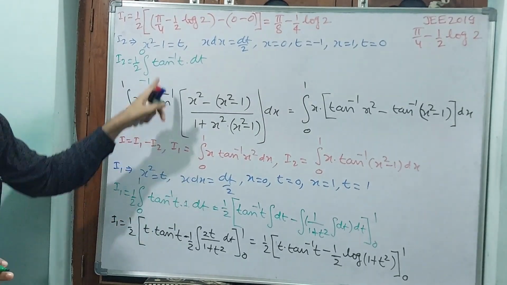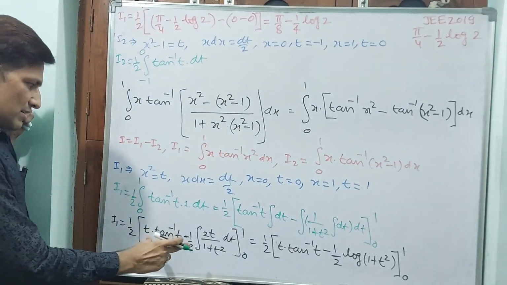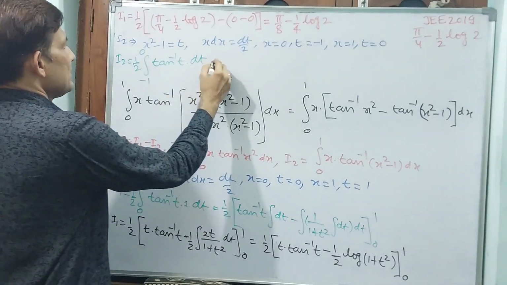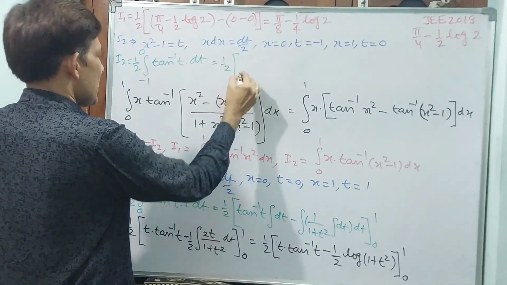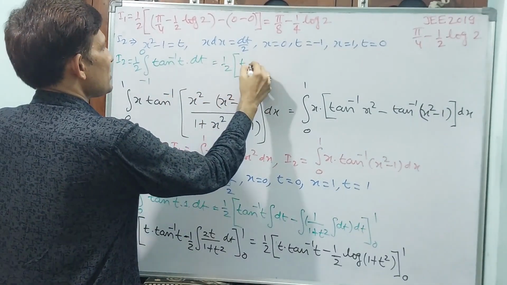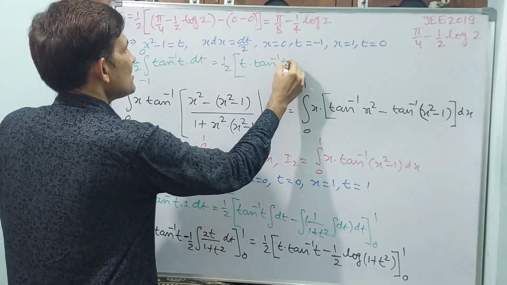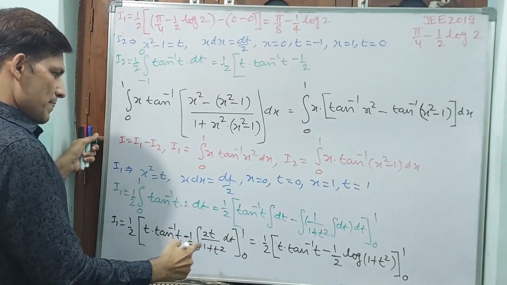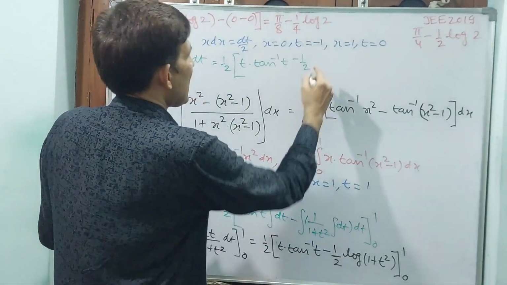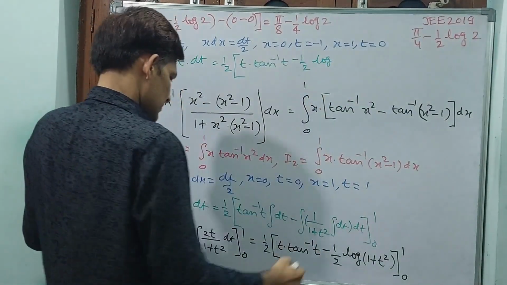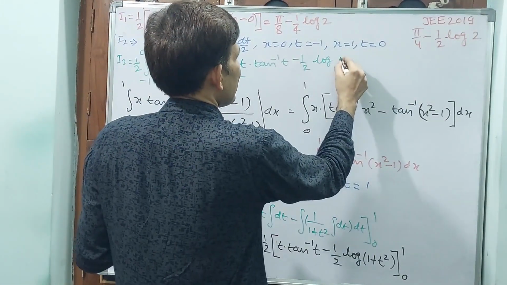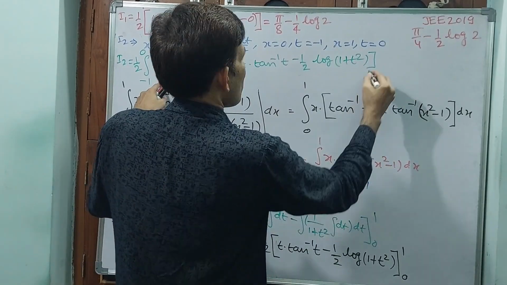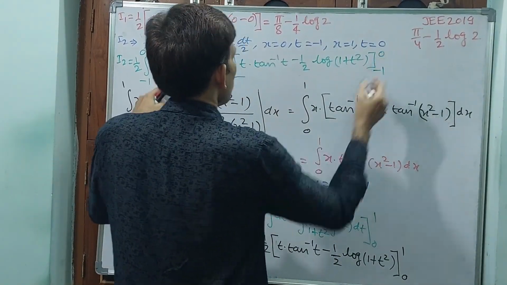Integral tan inverse t. The limits are changing and 1 by 2 will be outside. So it is t tan inverse t minus 1 by 2 log 1 plus t square, but the limits are from minus 1 to 0.